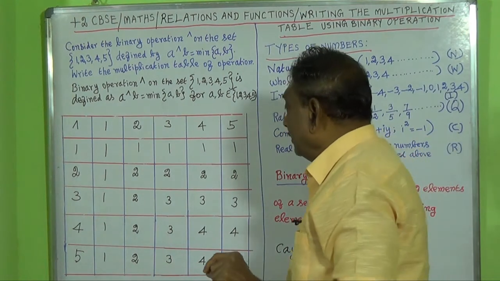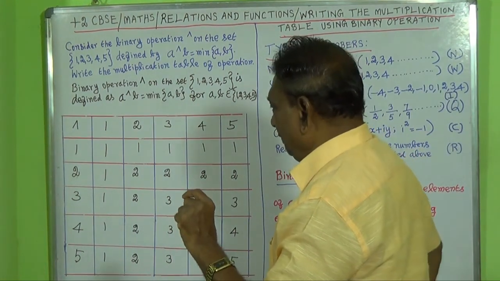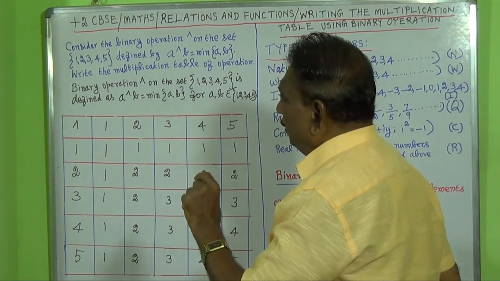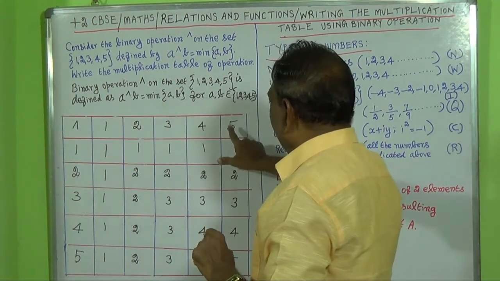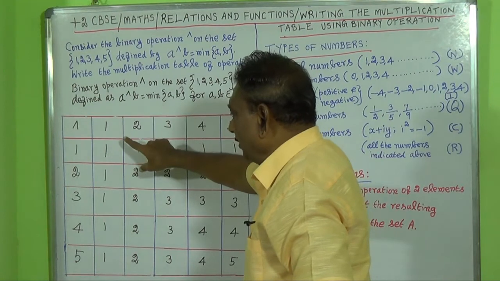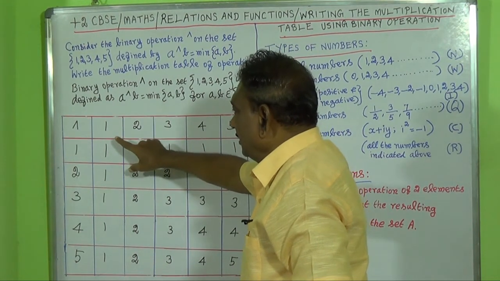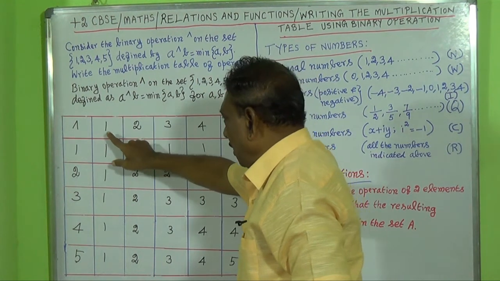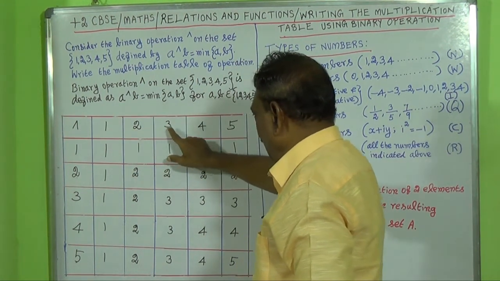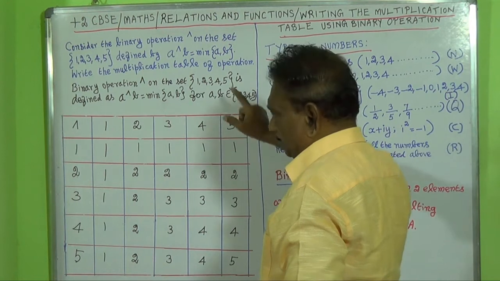Then, coming to the multiplication table, we are going to write in the heading row the numbers given in the set. That is 1, 2, 3, 4 and 5.